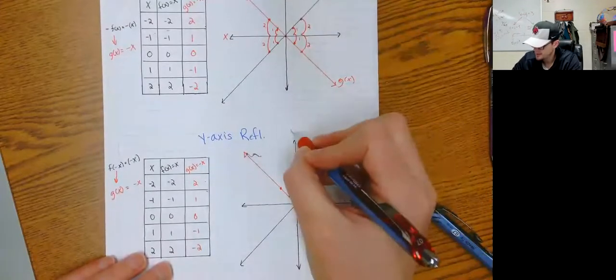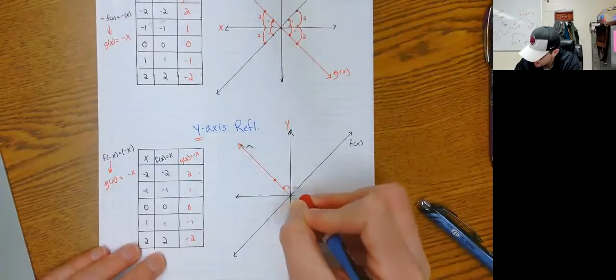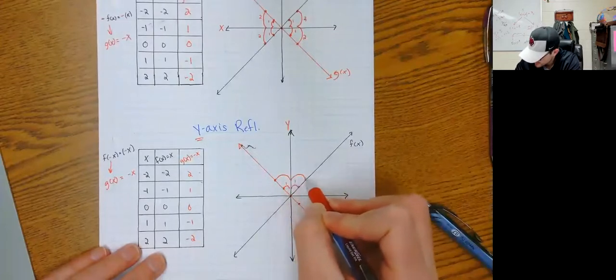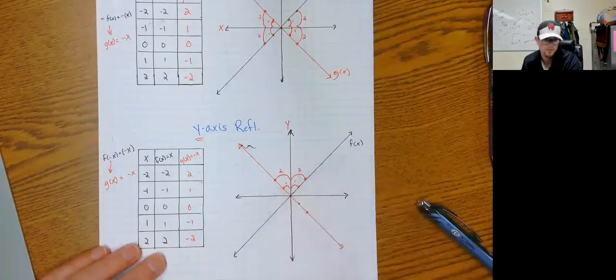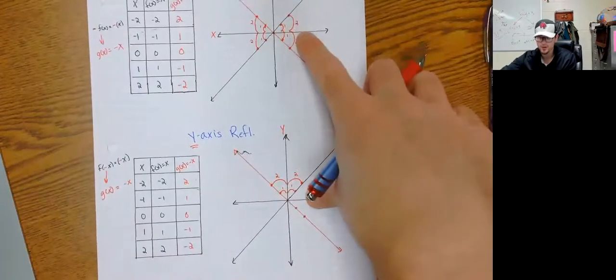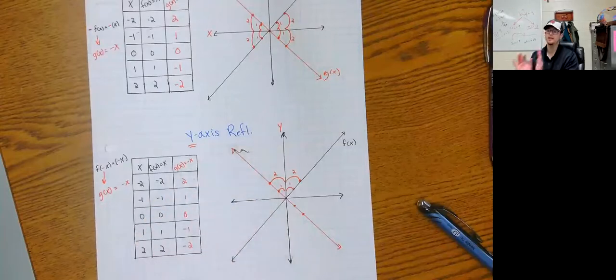This time we're going to reflect across the y-axis. If I take this point and hop across, I get there. If I take this point and go across the y-axis, I get there. They're only identical because we're transforming the parent function. That's the only reason why they're identical.